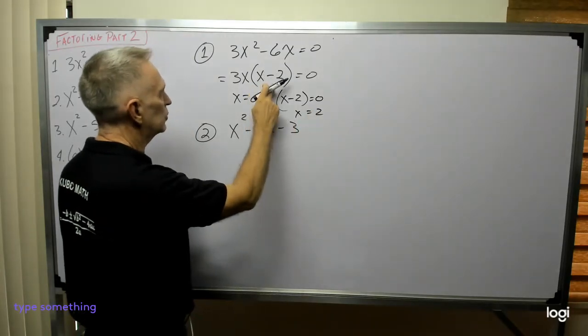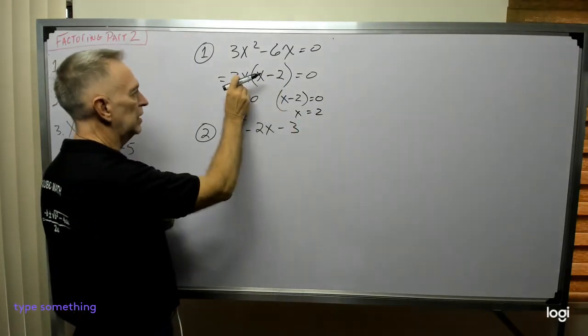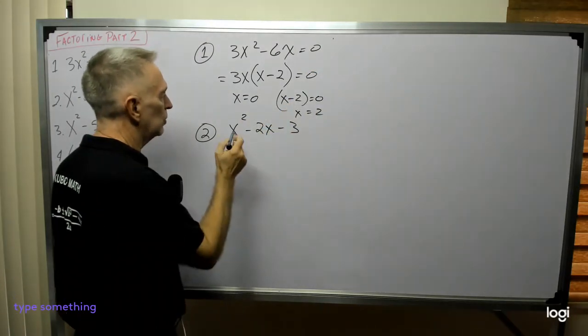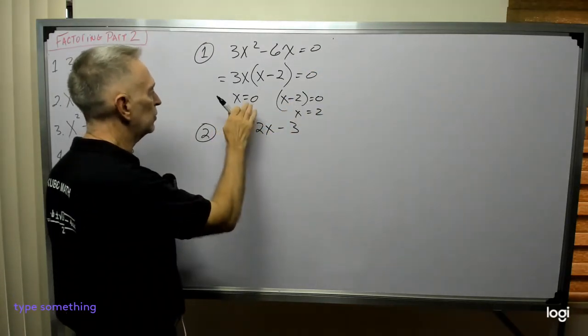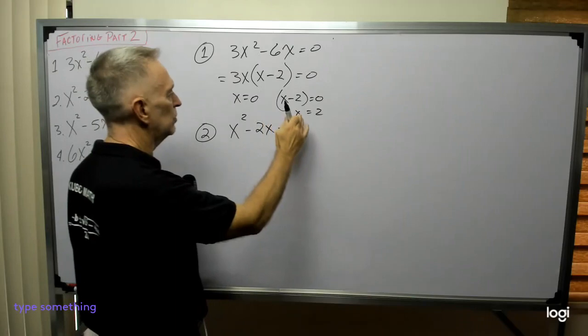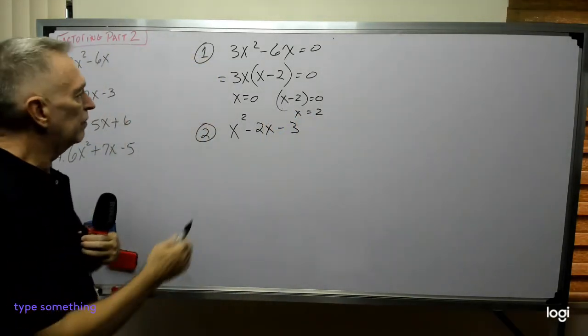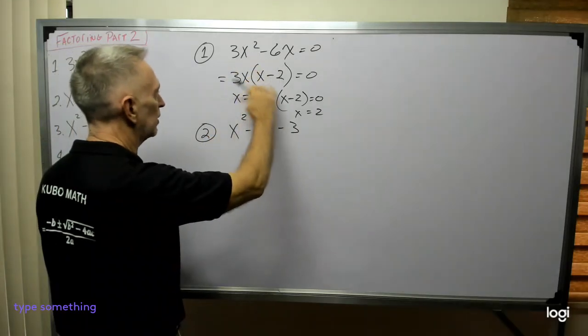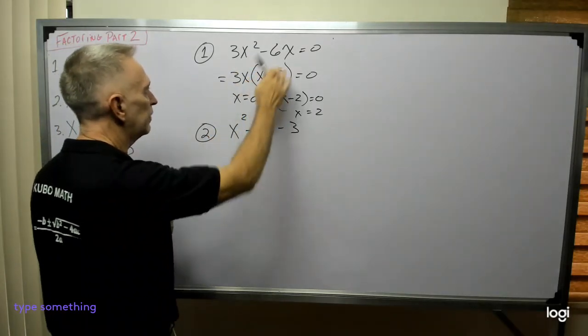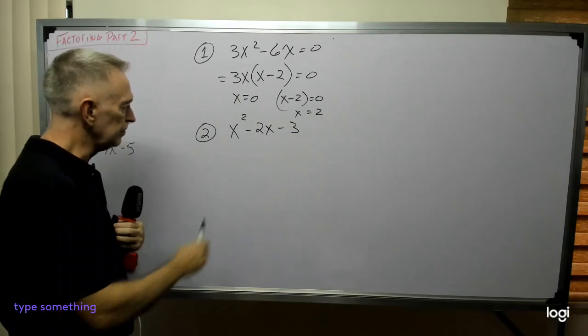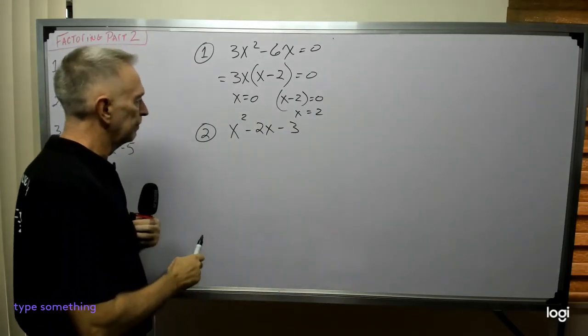So 2 minus 2 is 0, 0 times anything is 0. So the two resulting solutions are x equals 0 and x equals 2. So that's just a quick way of how we could factor, and then solve for the variables in the equation.